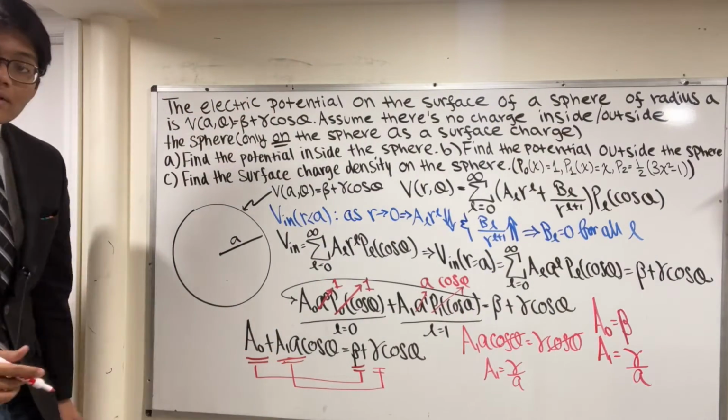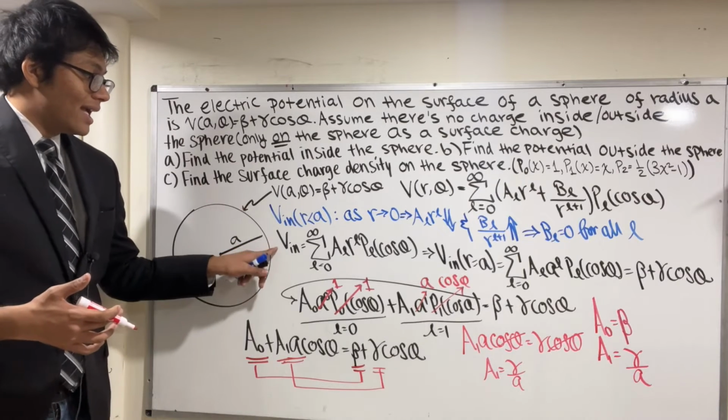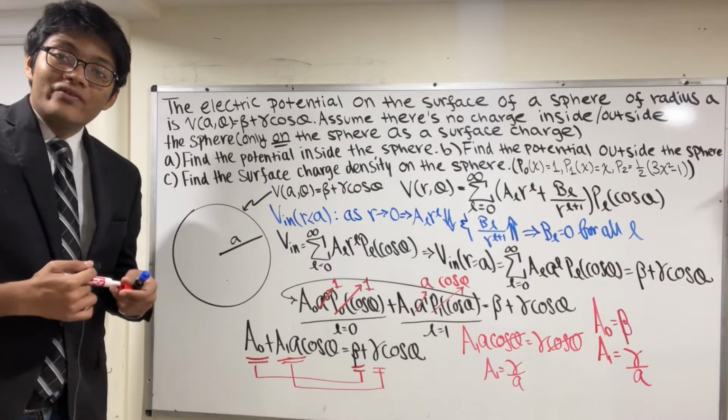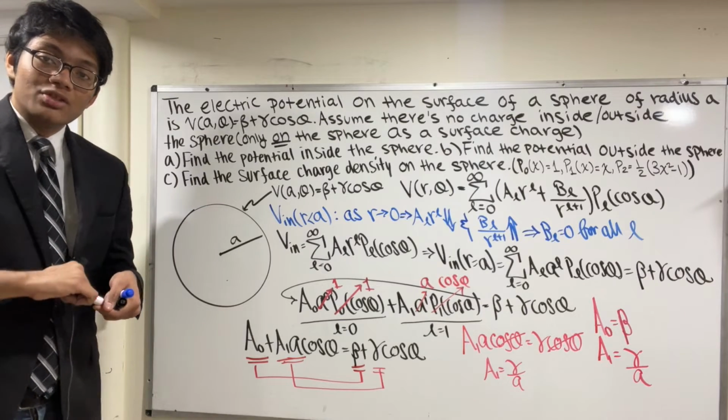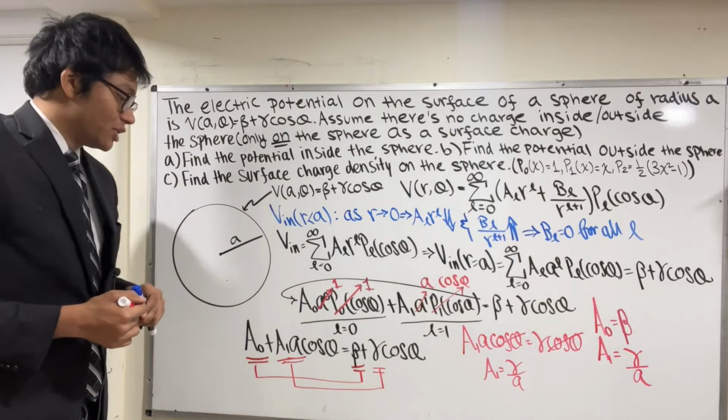Well, now that I've figured out A sub 1, I can go all the way back and plug it in and figure out what my final electric potential inside my sphere is going to be. So what is our electric potential inside?